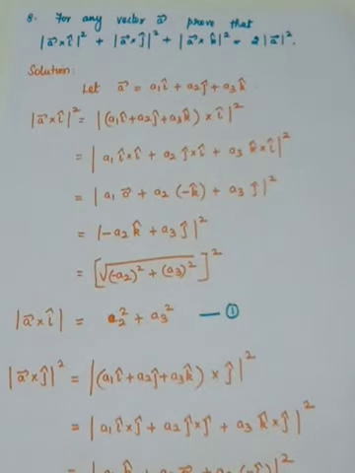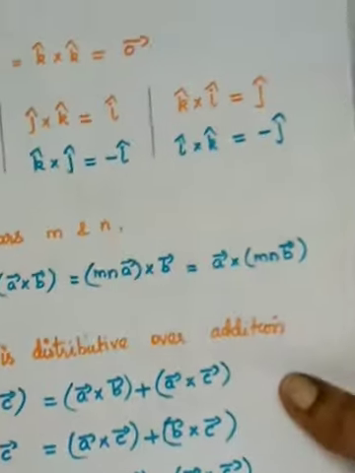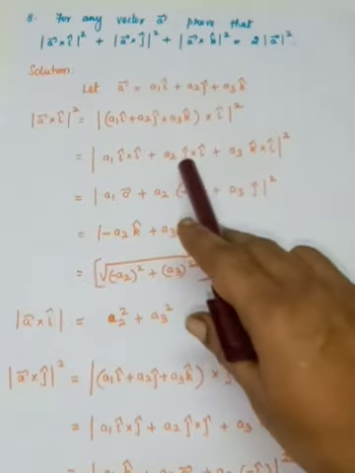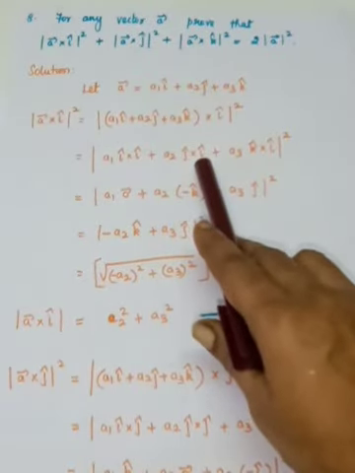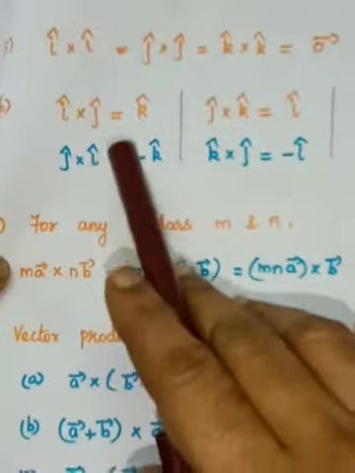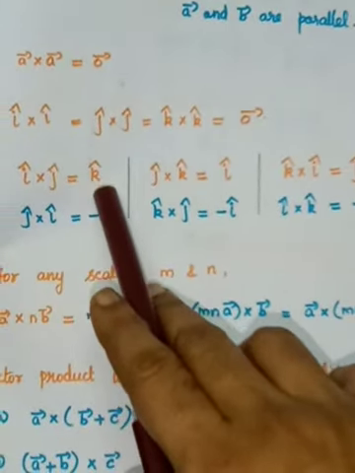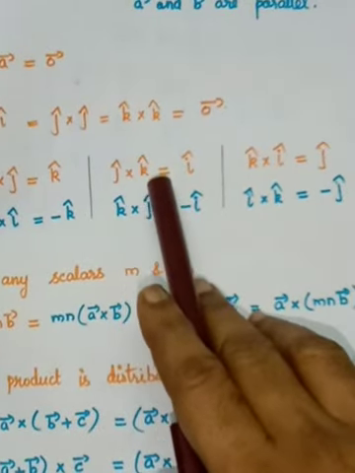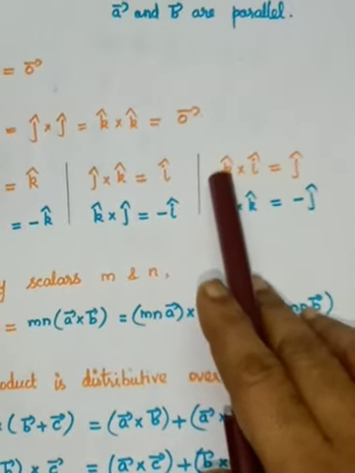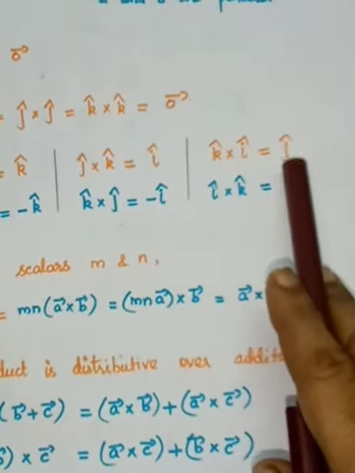Okay, so what is j cap cross i cap? In the previous class we have discussed it. I have told the result: i cap cross j cap is k cap, j cap cross k cap is i cap, and k cap cross i cap is j cap. If it is in the cyclic order you have to write positive.